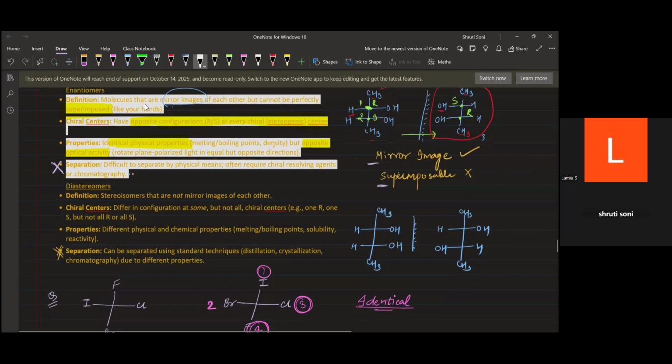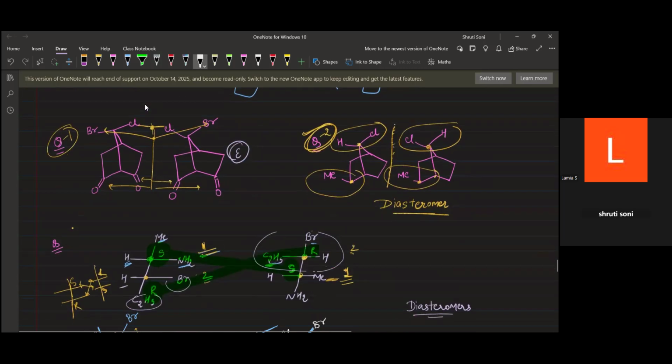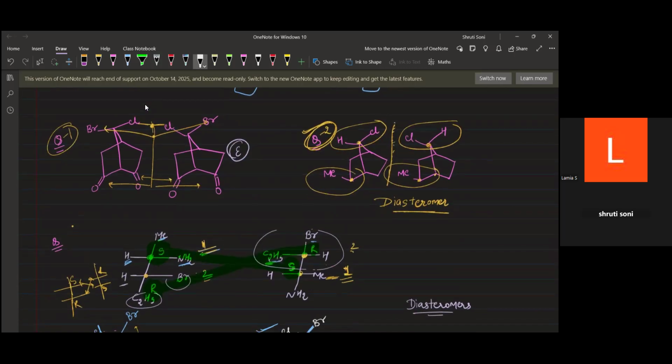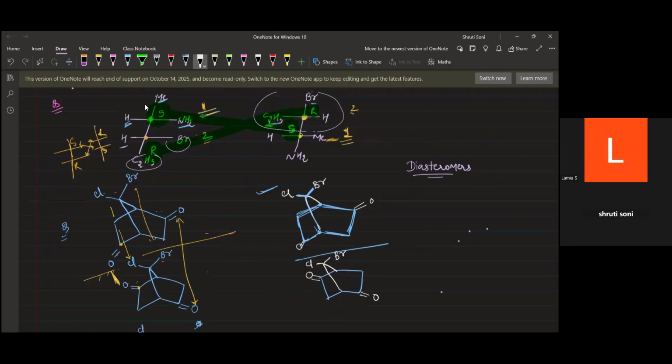Actually, no, keep going down. I think this is from a different session, or, no, never mind.